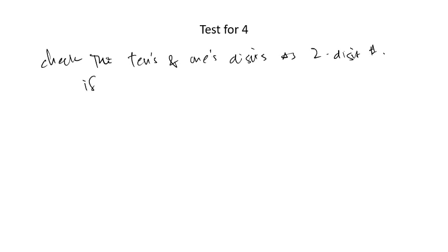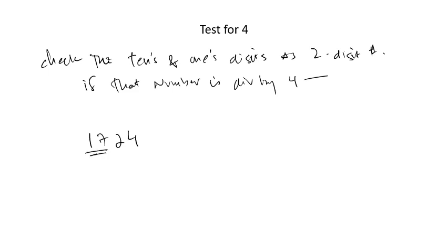And if that 2-digit number is divisible by 4, then the whole number is. And so if we take a number like 1724, then we're going to ignore the 1, 7 and just look at the 2, 4. Just look at the tens and ones place. And since 24 is 4 times 6, then we know the whole number is divisible by 4.